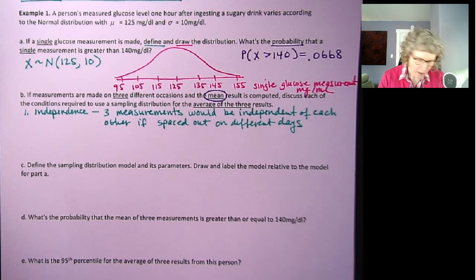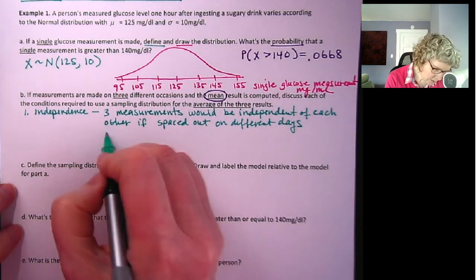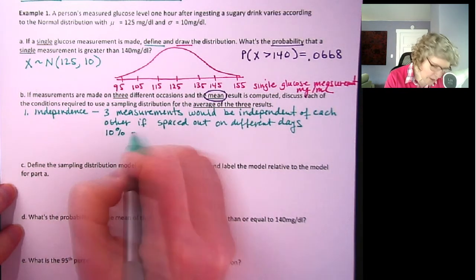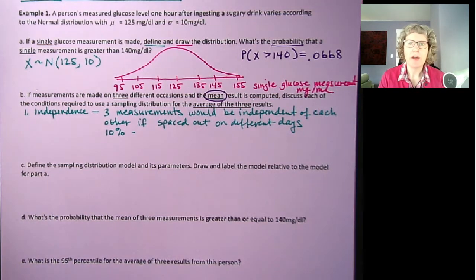Okay, and then with independence, remember, goes the 10% condition. But that is when we're sampling without replacement. Now this is kind of like the same person, so it's kind of like the original sample every time. So we're not really sampling without replacement here. It's not that we're putting the blood back in.